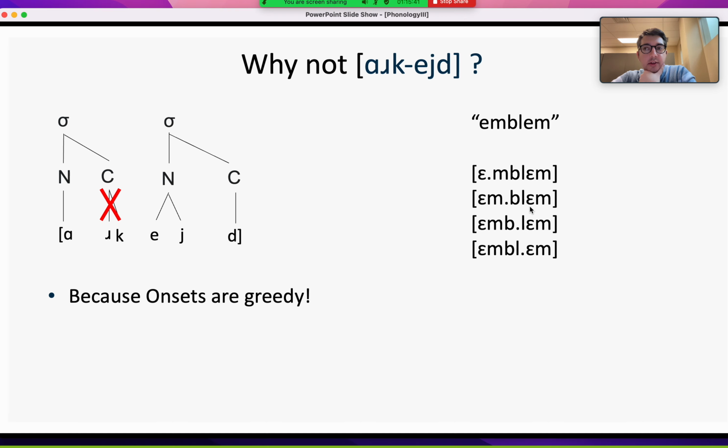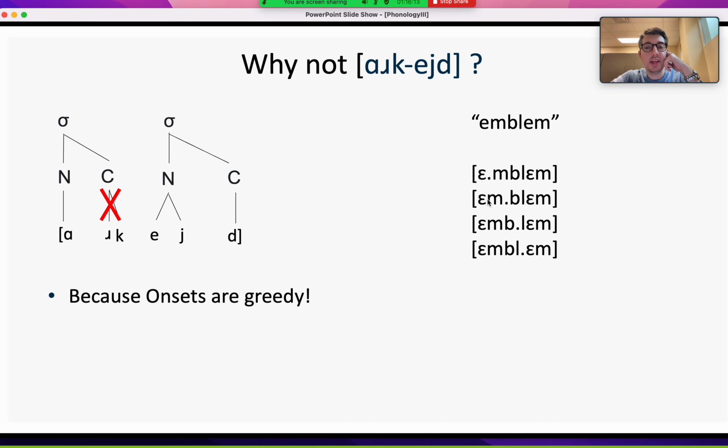Now bl, like in blue, can start a word. So this is a good onset, why not? And emblem can also start a word. However, we know that onsets are very greedy. So the more you have in an onset, the better, if all other things are fine, like the sonority principle, and if you can start a word in English with that, and it's good, then put everything into onset.